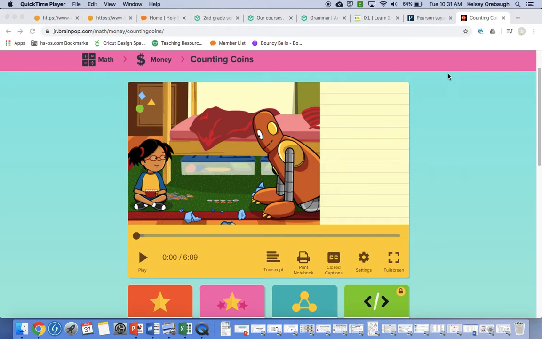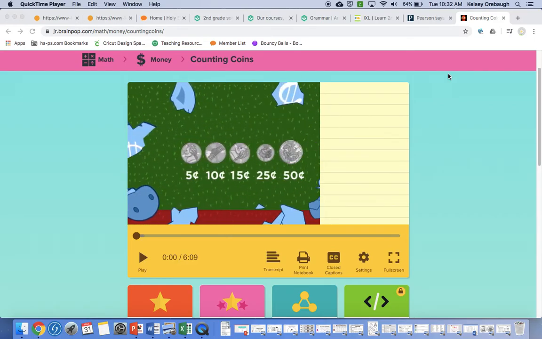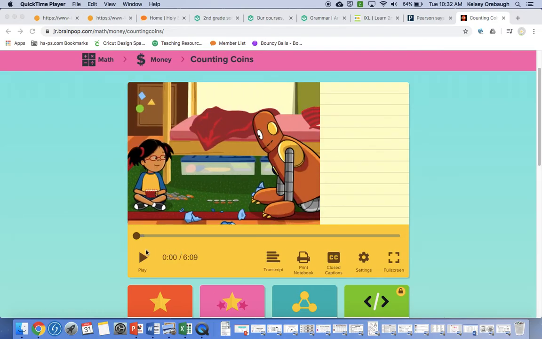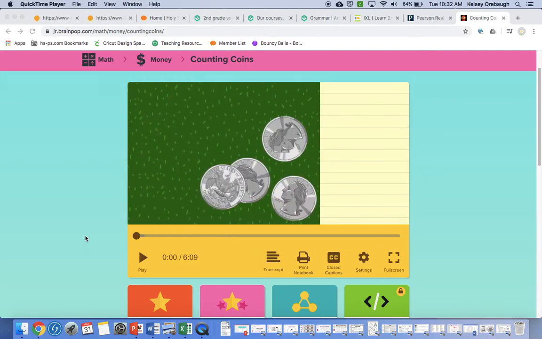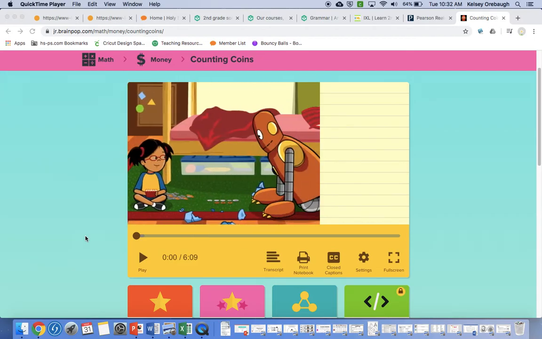So let's get started. We are going to be looking at several different types of coins, and it might be helpful if, before you get started watching the video, you can find these coins in your house. Ask mom or dad or brother or sister to help you find a dime, a nickel, a penny, a quarter.